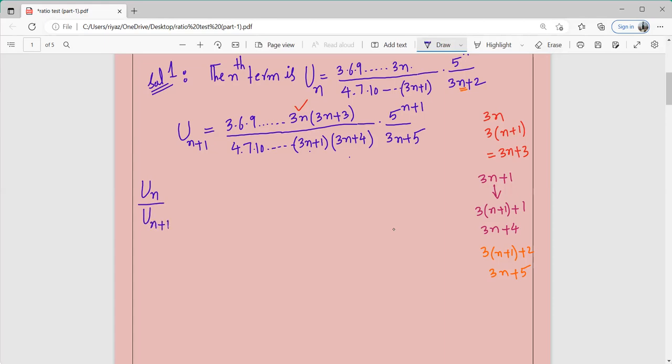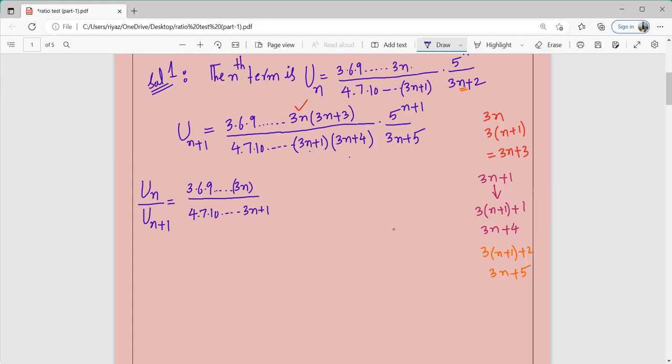un+1 value, let me find out un+1 value. तो un क्या है भाई, 3 into 6 into 9 and so on, 3n divided by 4 into 7 into 10 and so on, 3n+1.